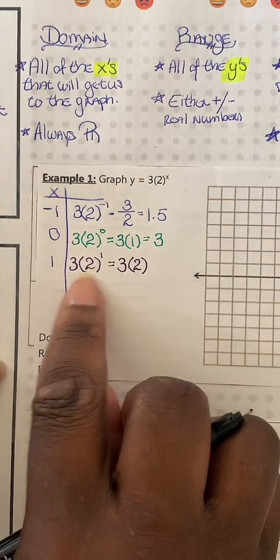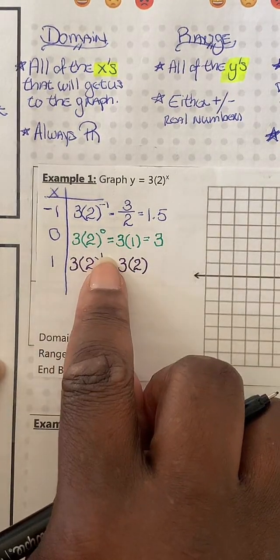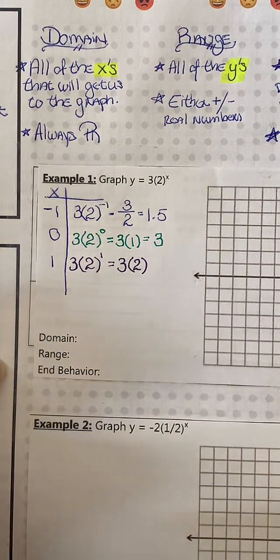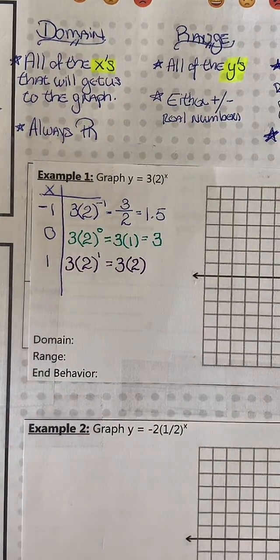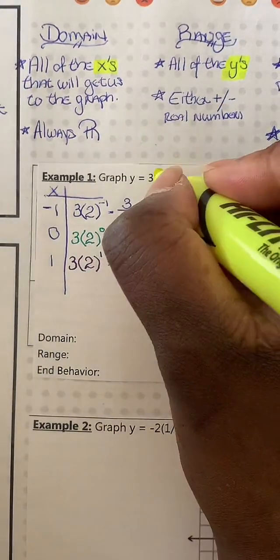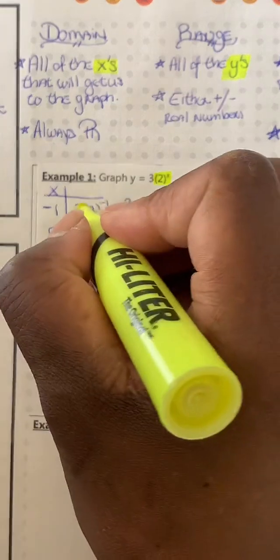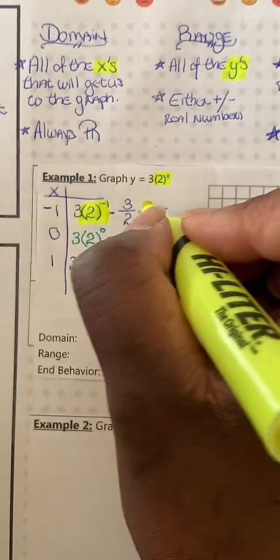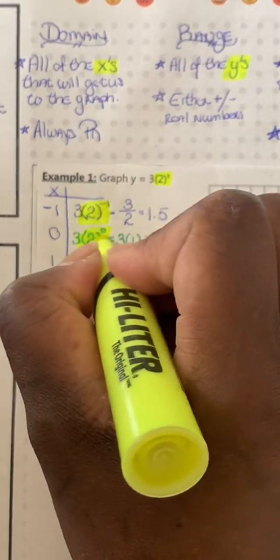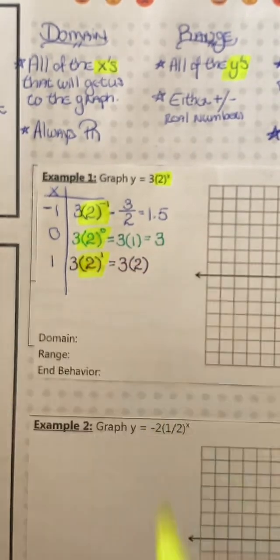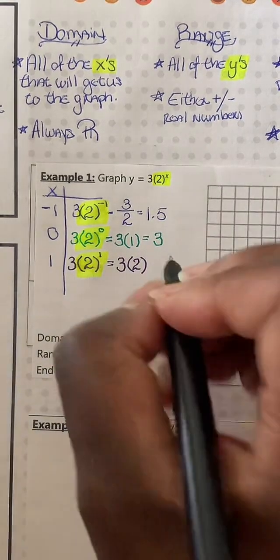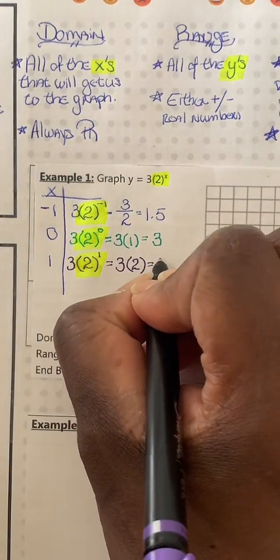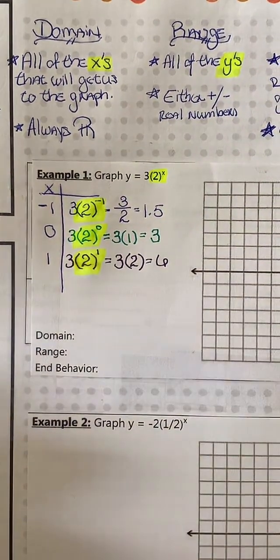Make sure you're not multiplying 3 and 2 and then dealing with the exponent. No, you're making it way bigger than it has to be. The only thing that's actually being raised to the exponent is the 2, just this section. So 3 times 2 gives us 6.